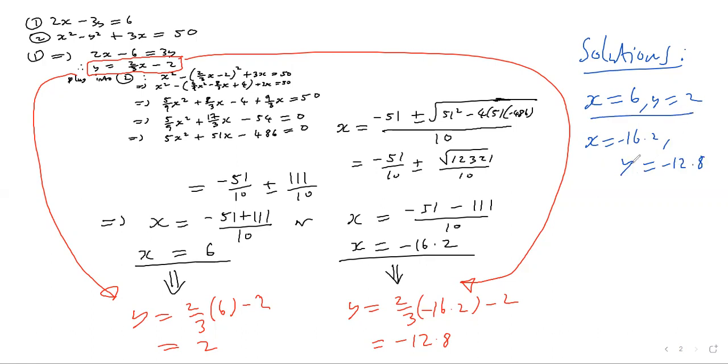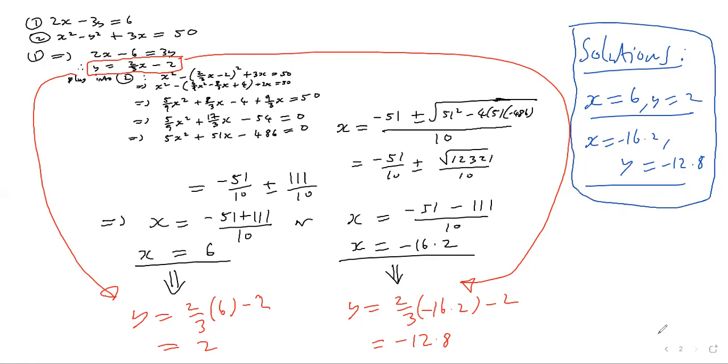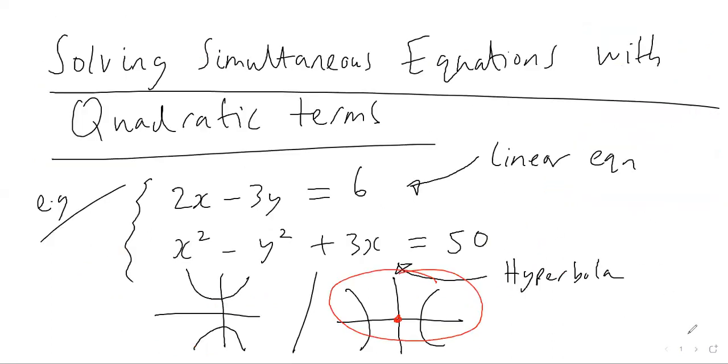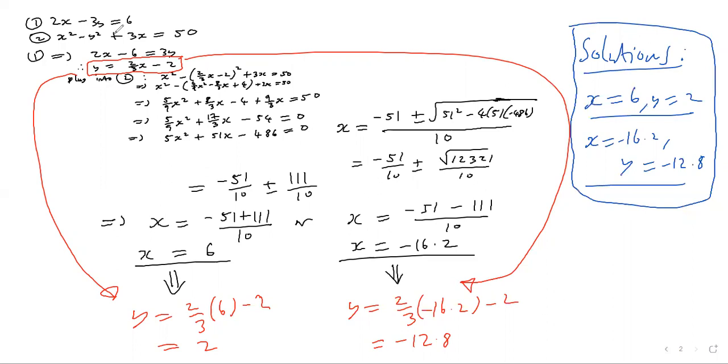So you get this pair of solutions and that pair of solutions, and this solves the simultaneous equations. That's one way in which we could solve these simultaneous equations. When you get a question like this, you can follow this procedure: rearrange one of the equations, plug it into the second one, do some algebra, solve the quadratic, and then plug the results back into your linear equation to get the y values. So that's how you would solve these equations.